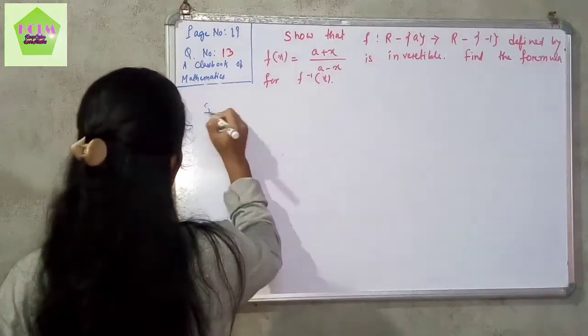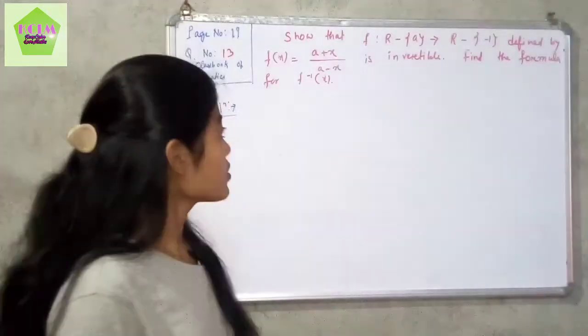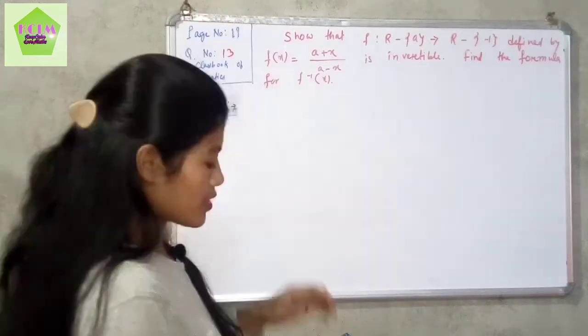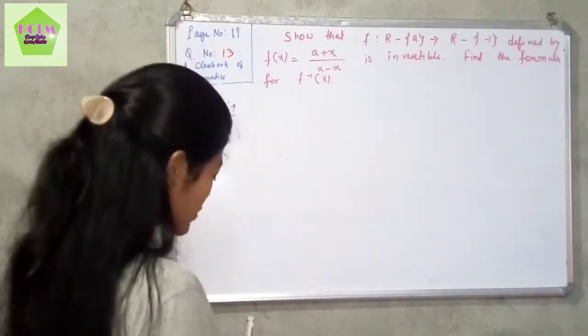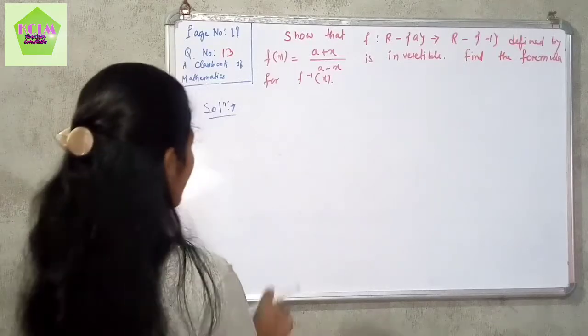So the solution is, since we need to show that this function is invertible, first of all we will show that this function is one-one as well as onto.